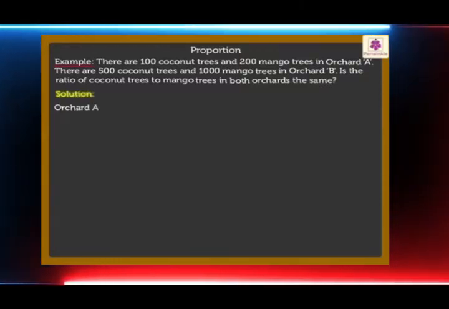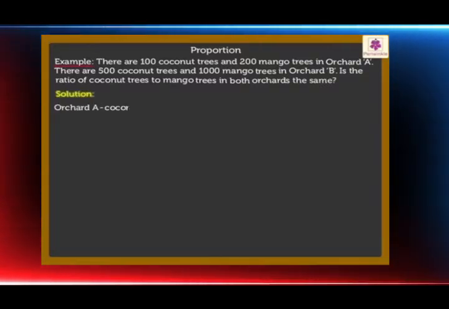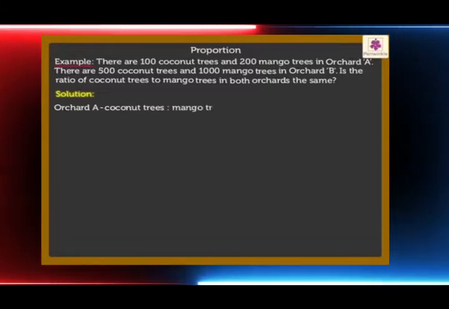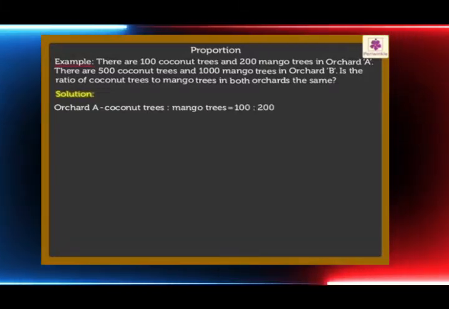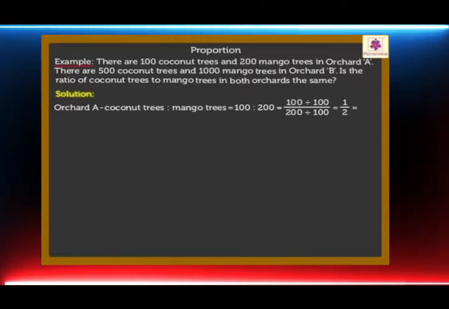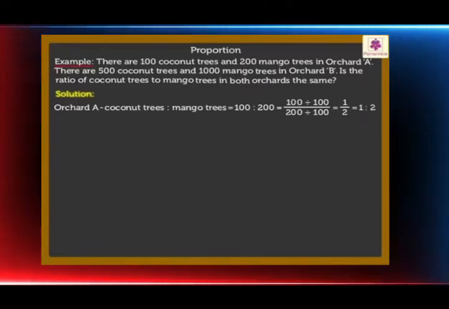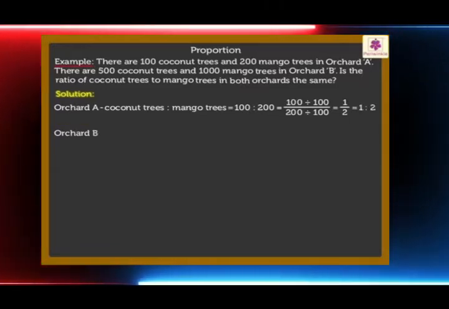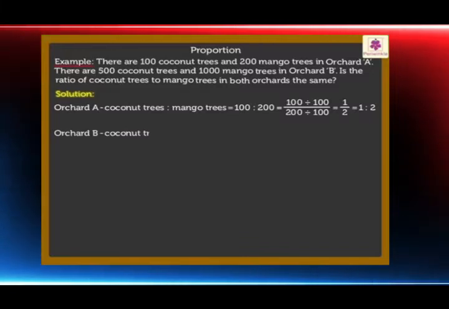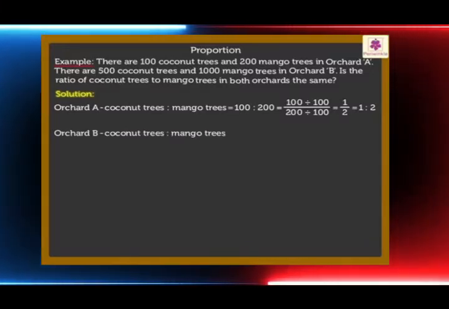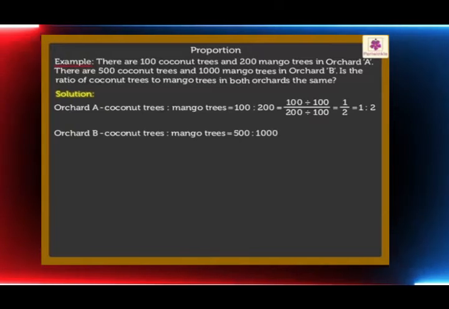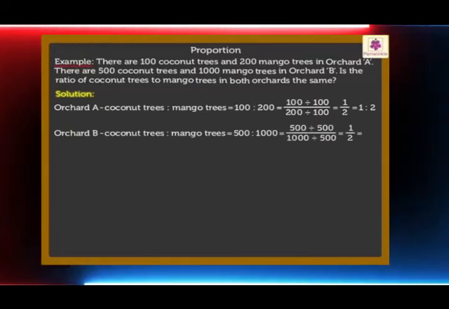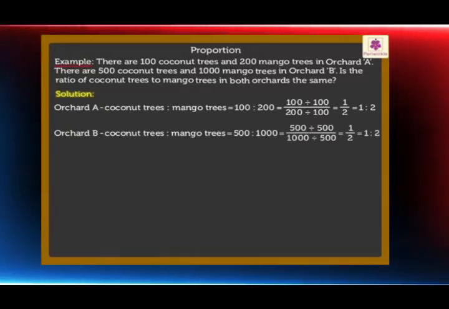In orchard A, the ratio of the coconut trees to mango trees is 100 is to 200, which is equal to 1 is to 2. In orchard B, the ratio of the coconut trees to mango trees is 500 is to 1000, which is equal to 1 is to 2.